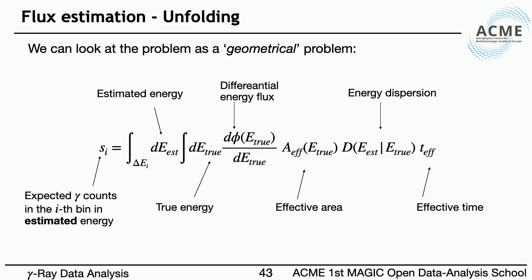Let's start by writing down the expected counts, as shown here by this expression, where S_i is the expected counts in the i-th estimated energy bin, and is given by the integral in the delta E energy bin of the differential flux phi multiplied by the effective area and by the energy dispersion D, which I introduced in one of the previous slides, which I recall being the probability of reconstructing an event with an estimated energy E_s given a true energy E_true.